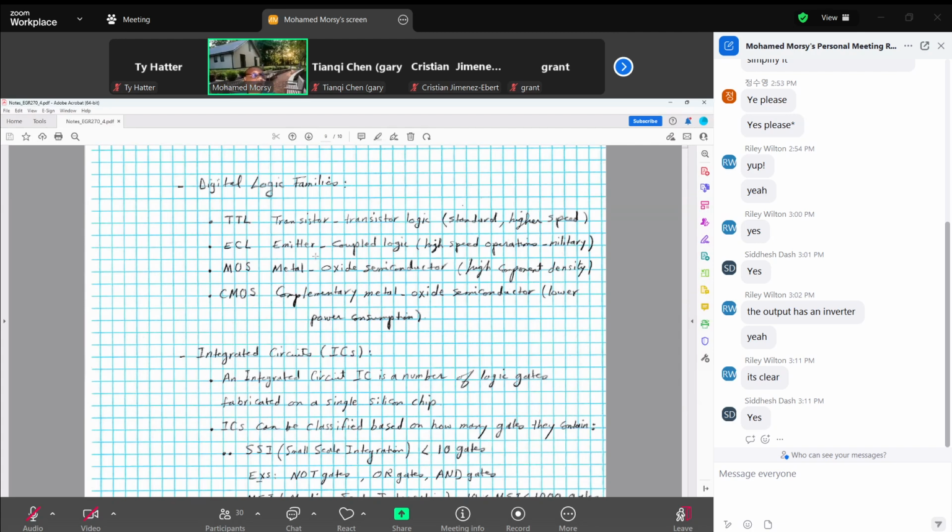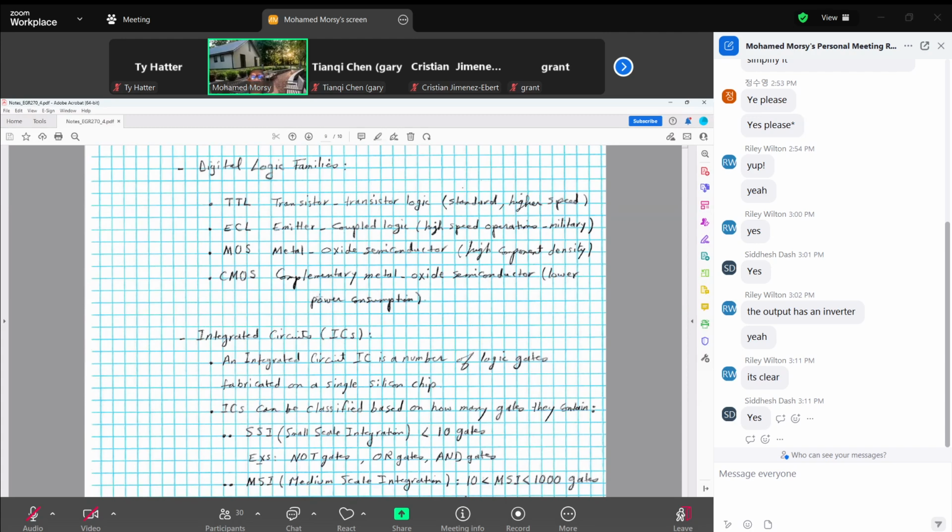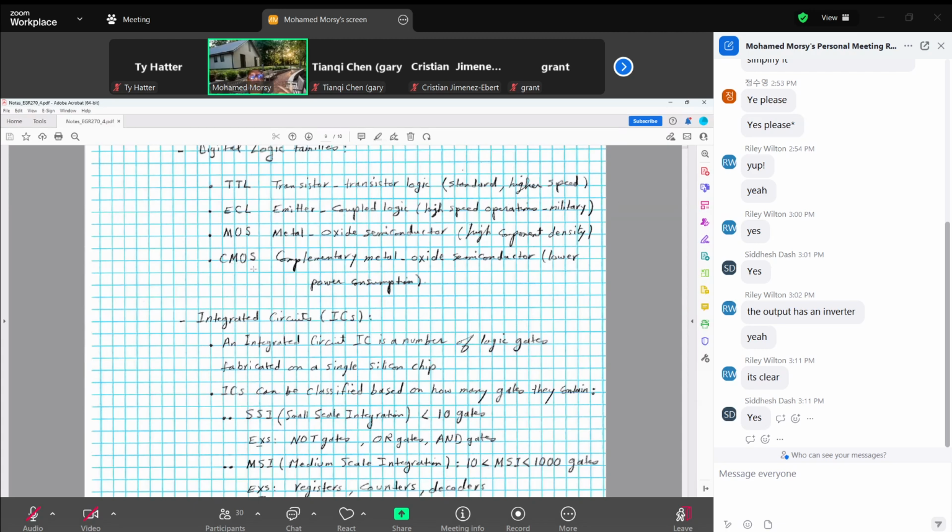But generally speaking, if my concern is high speed and I don't worry about power consumption, we use TTL, as I mentioned, for military application. And if power consumption is my concern and high speed is not, we use CMOS.